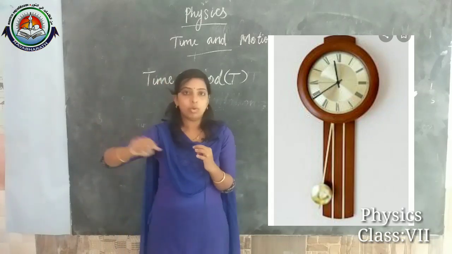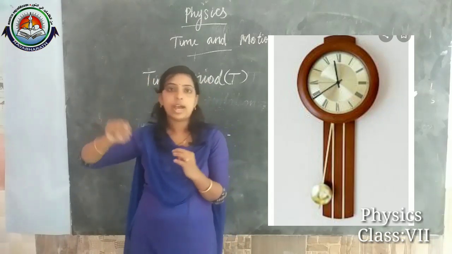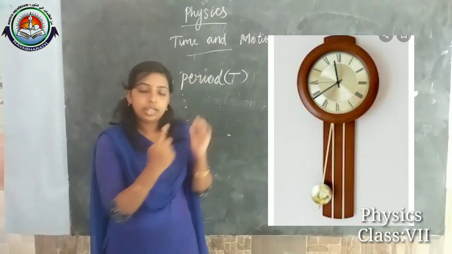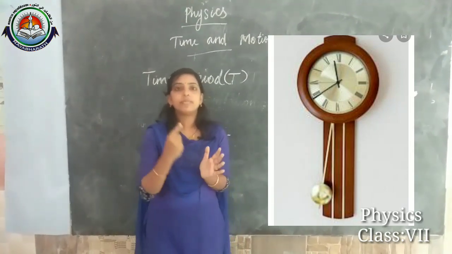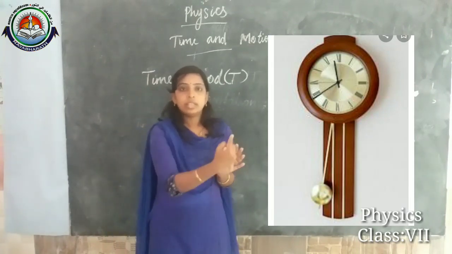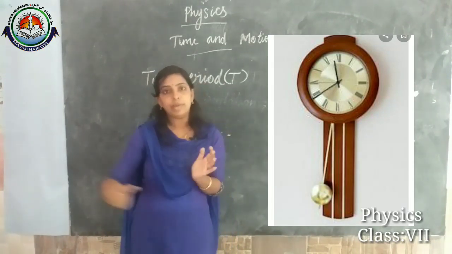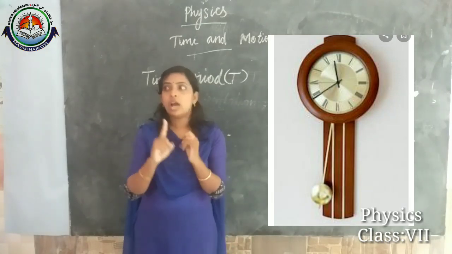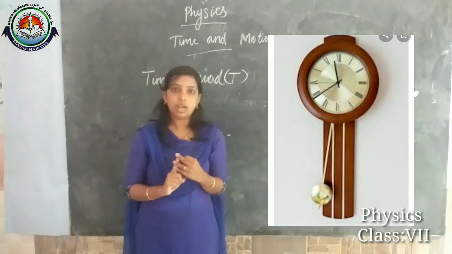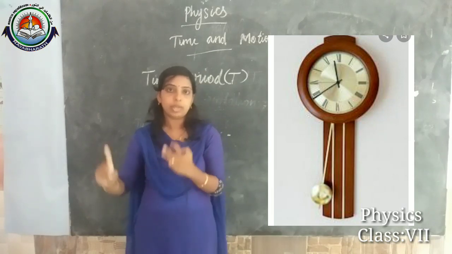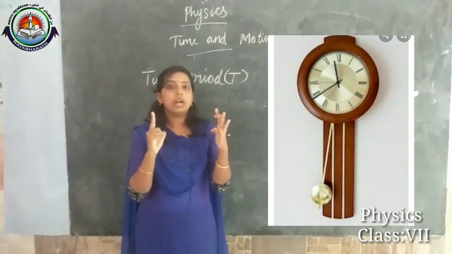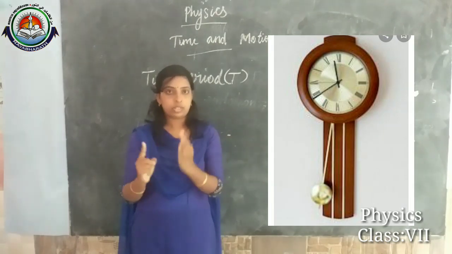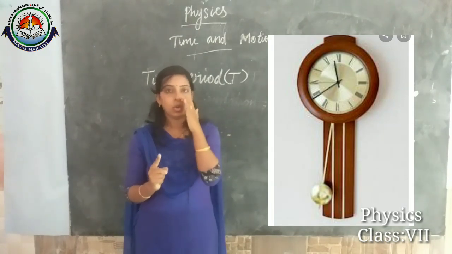How are these hands moving? In the case of a pendulum clock, the oscillation of the pendulum controls the movement of the minute arm, second arm and hour arm, the hands of the clock.